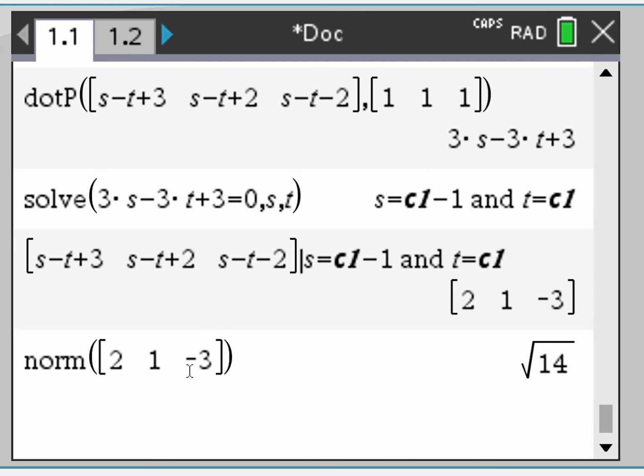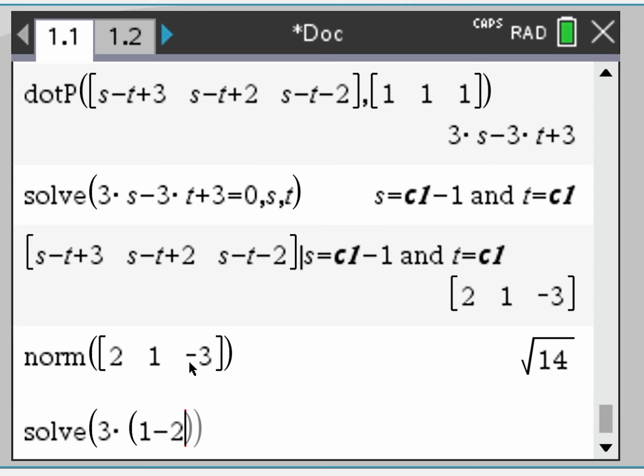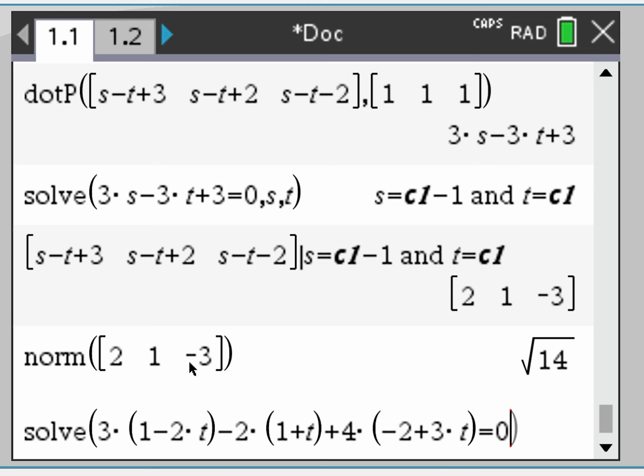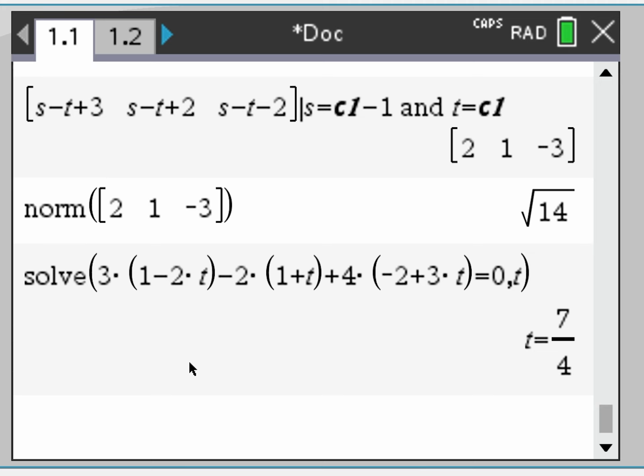So let's substitute that in. So we have 3 times 1 minus 2t, minus 2 times 1 plus t, plus 4 times minus 2 plus 3 times t, that equals 0. Okay, so t equals 7 on 4.